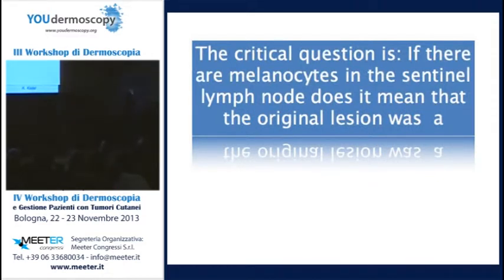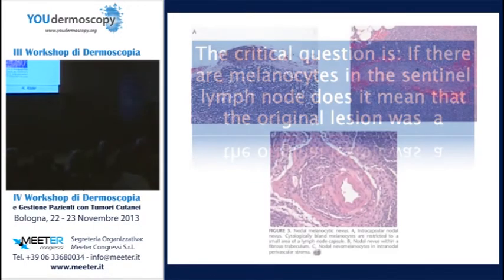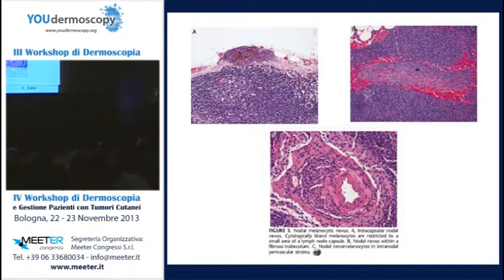The critical question is, if there are melanocytes in the sentinel lymph node, does it really mean that the original lesion is malignant? What you see here are melanocytes in lymph nodes, although these lymph nodes are not invaded by a melanoma. You can see here melanocytes in the capsule of a lymph node. This is a nevus in the capsule of a sentinel node. It's not malignant.